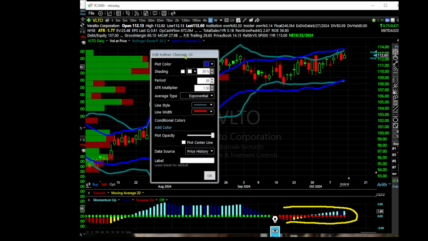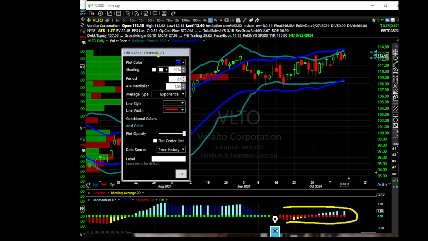What are we measuring on the Keltner channel? So the Bollinger Bands measure the standard deviation from the 20, but what do the Keltner channels measure? Yeah, so you've got an ATR multiplier.